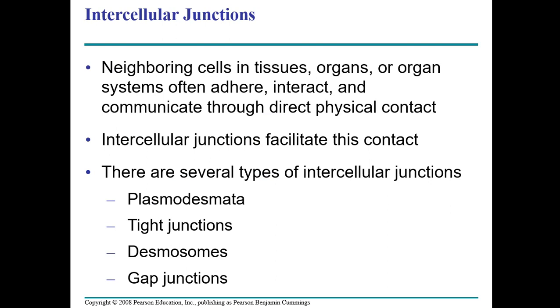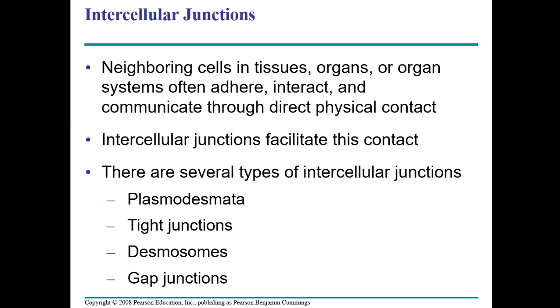A tissue is composed of a group of similar cells which coordinate, dapat nag-coordinate sila via intercellular junctions, to perform a particular task. Same thing with organs. An organ is a group of tissues where they should communicate.